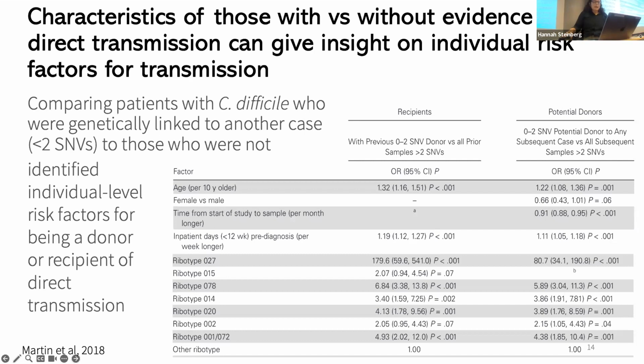And they found that older age, a longer time in the facility, and certain ribotypes, which are genetic types of C. difficile, were associated with being more likely to be a donor or recipient of direct transmission within the facility. And these are all individual level factors.